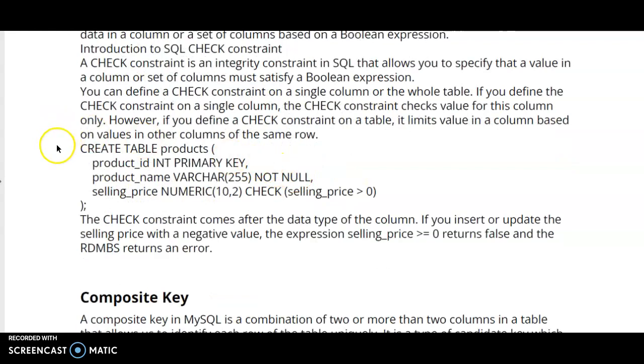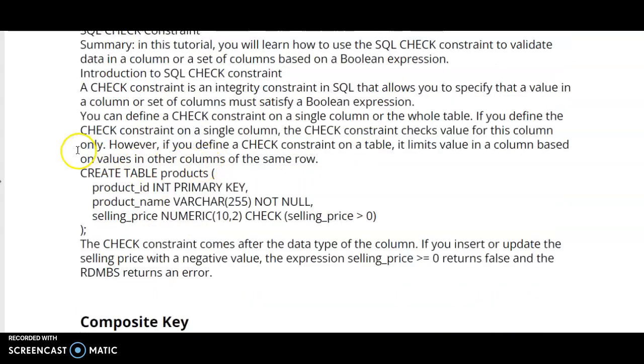Here is the query. Create table product, product ID int primary key, product name varchar 255 not null, selling price numeric 10,2, check selling price is greater than 0. In that way we need to insert a selling price greater than 0 always, otherwise it will not accept.